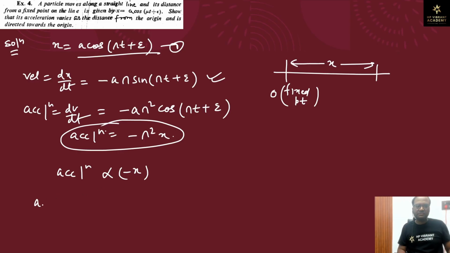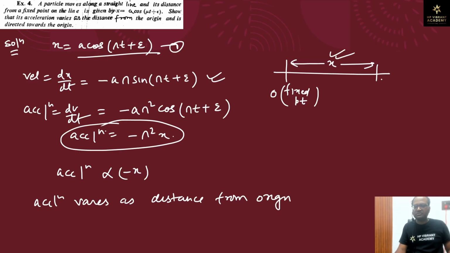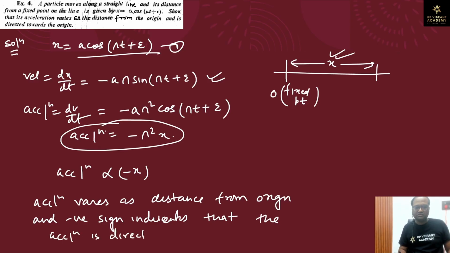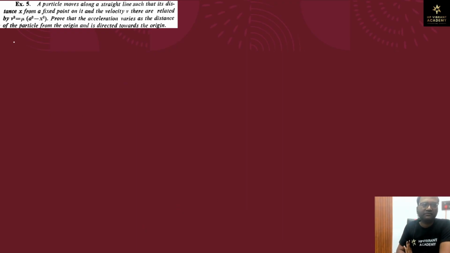Hence the acceleration varies as distance from origin, because x is the distance of this particle at time t from origin, and the negative sign indicates that the acceleration is directed towards origin.